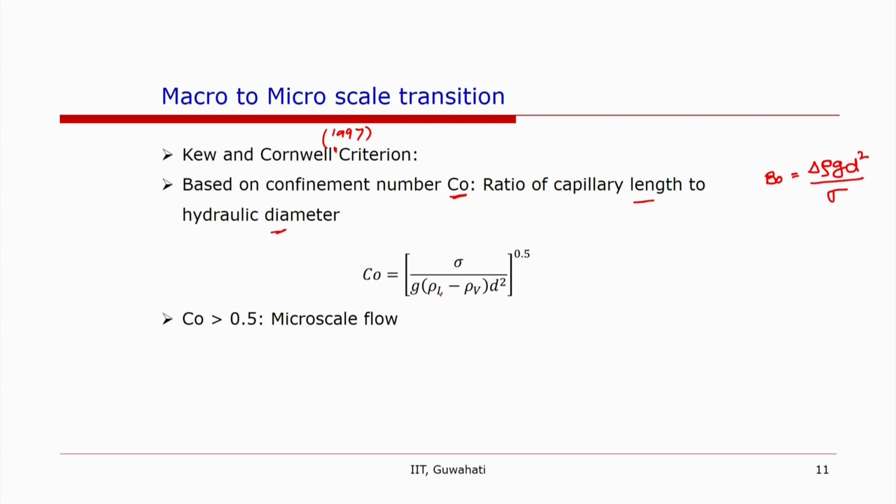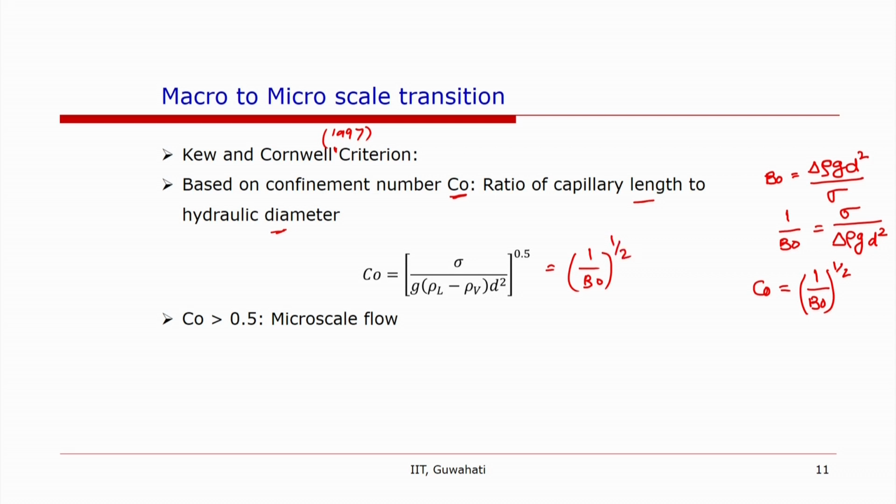So 1 over Bond number is equal to sigma over delta rho g d squared. The confinement number is 1 over Bond number raised to the power half, so this is the square root of sigma over g delta rho d squared. So this confinement number is nothing but the inverse of the square root of the Bond number.